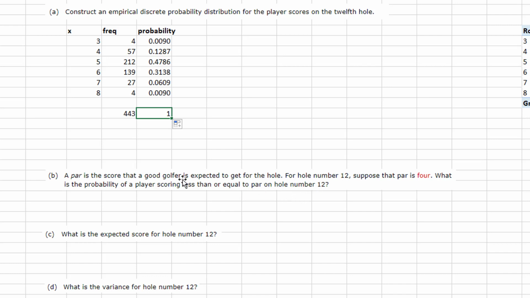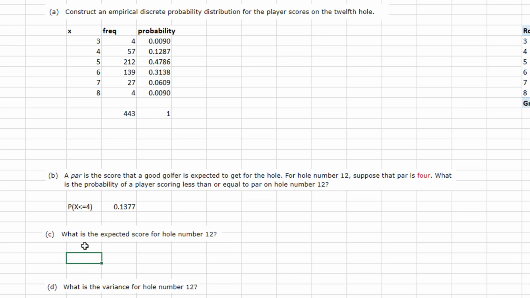And this is par, somebody says here 4. So what is the probability that it would be 4 or less? Well, all you'd have to do, so X is scoring less than or equal to 4, would be based on they scored 4 or less than 4, which would be 3. So that would be my answer.